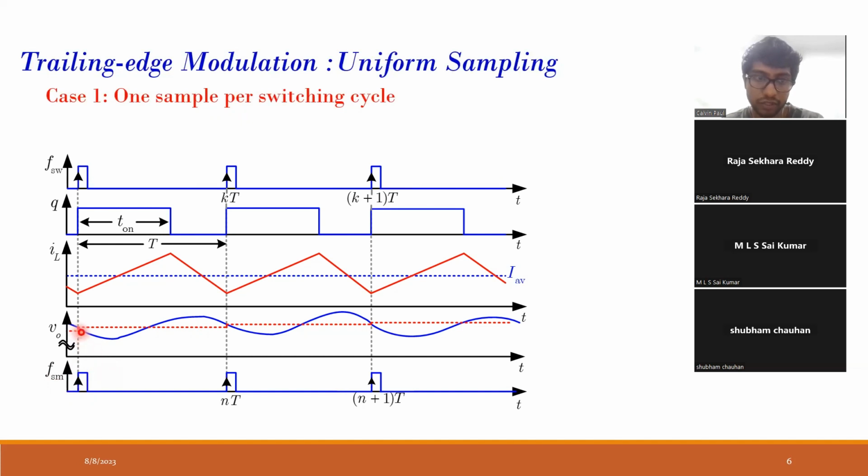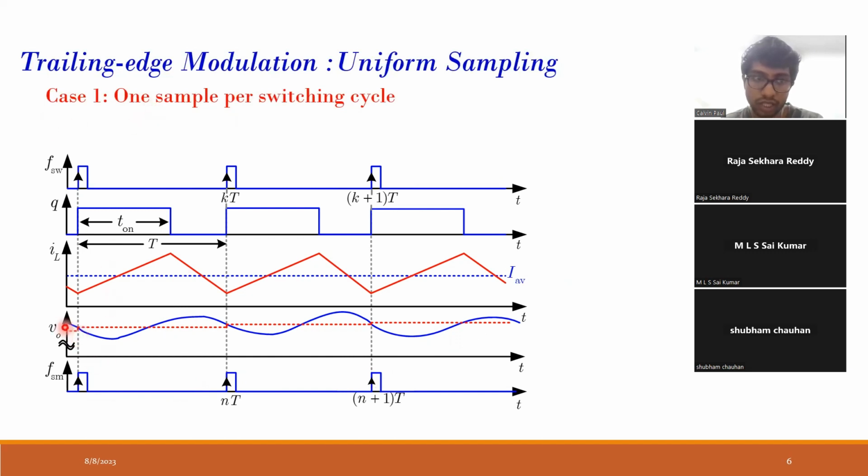It takes the sample value and holds that value. Then next I get another sampling signal. It will take the sample over here and hold that value. Next again, after a time I get this sampling signal again over here and it will hold this value. So in this manner, only one sample I'm taking per switching cycle.